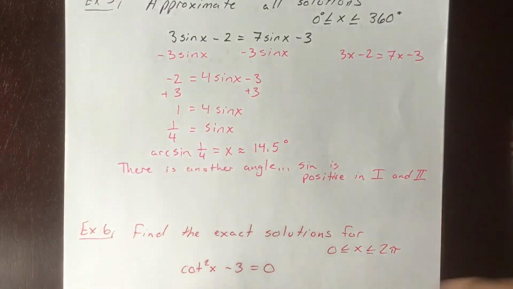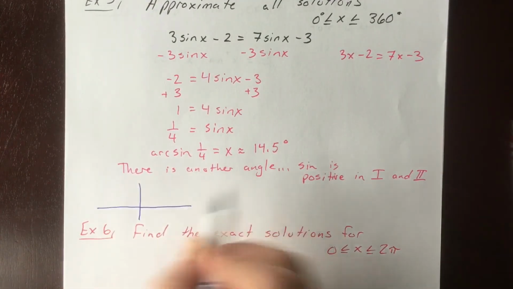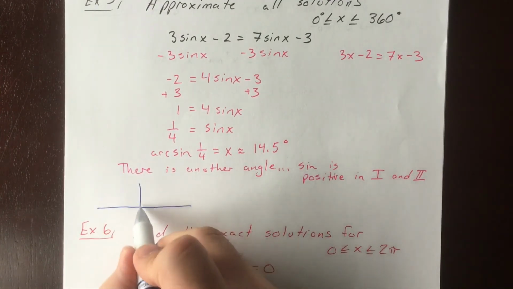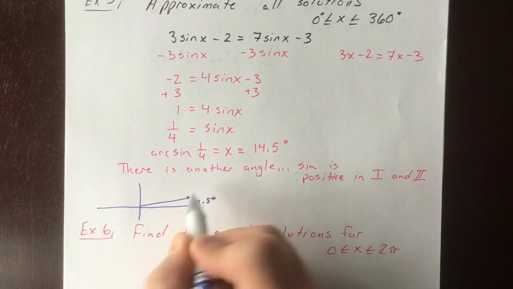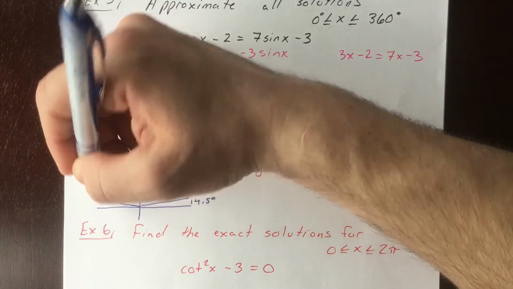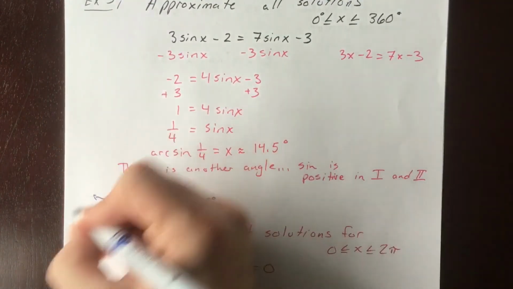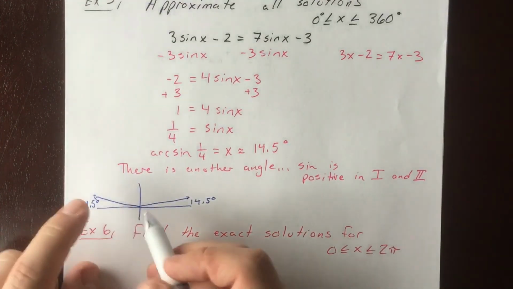So if I were to draw a picture for us here. We have our 14.5 degree angle. We also have a 14.5 degree angle on this side, but that 14.5 is relative to this side of the x-axis.